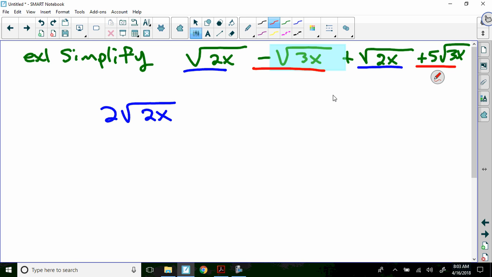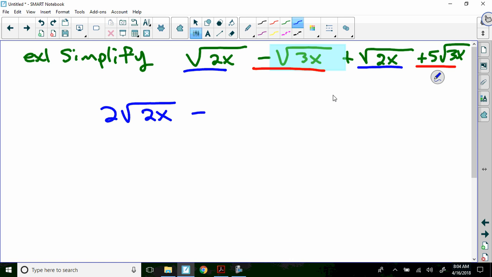Their coefficients are different, but that's okay. The back half's the same. So when we combine those, what's that going to make our next term in the expression? It's going to be negative 4 rad. And here's where it gets tricky. We're dealing with what do you want to call these square root of 3x's? You want to call them ice cream cones?